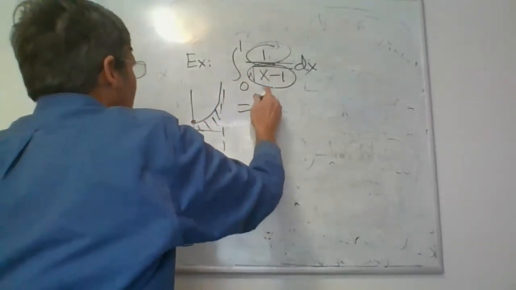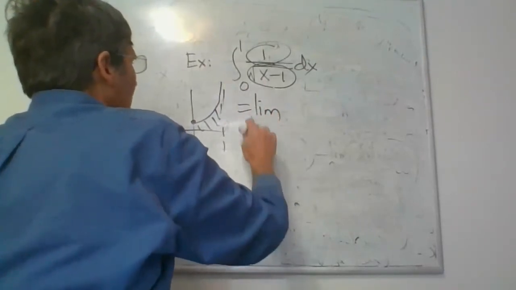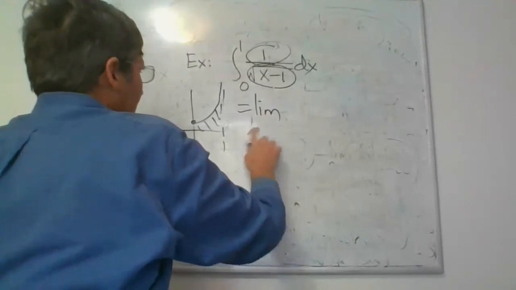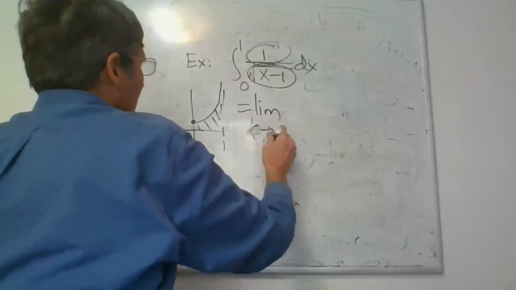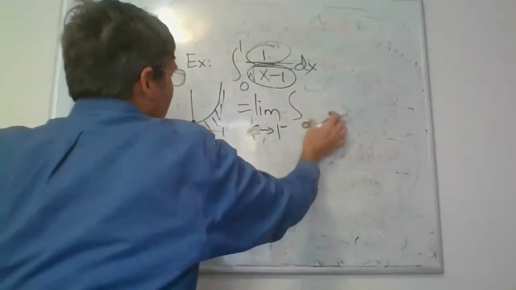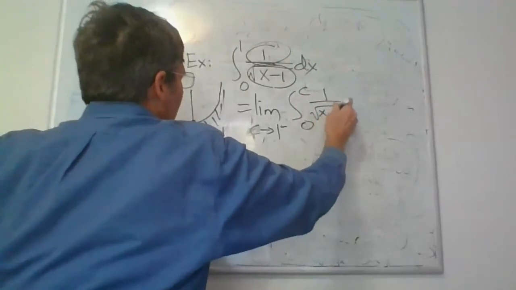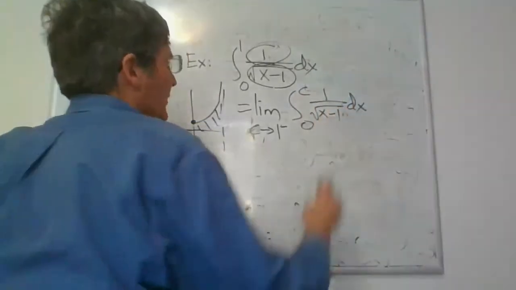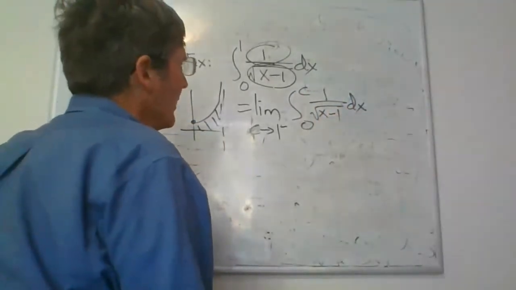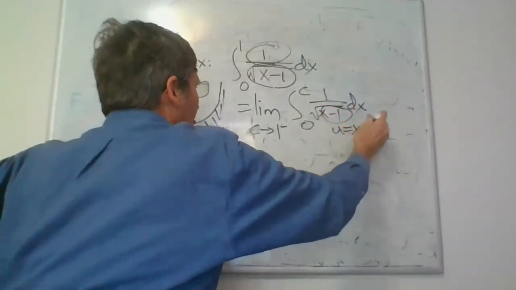We rewrite this one as the limit as c goes to 1 from the left of the integral from 0 to c of 1 over the square root of x minus 1 dx. Then you have to remember, what tricks do we have for integrating this? Oh, yeah, substitution. Let u equal x minus 1.